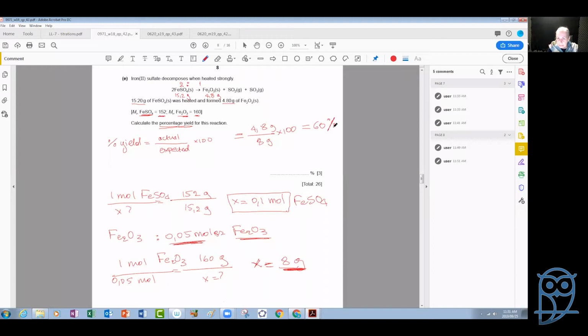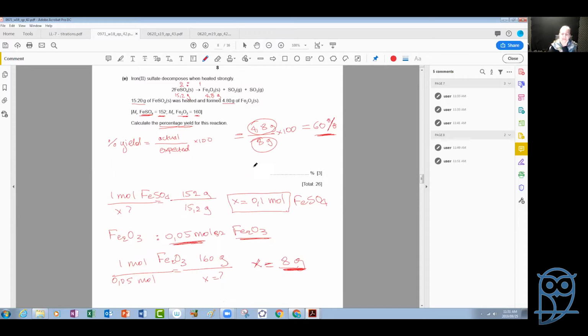So the percentage yield that we are asked to find is 60%, because this is what we got, and this is what we would expect to get in theory if we had no losses and everything was perfect. So it's only 60%.